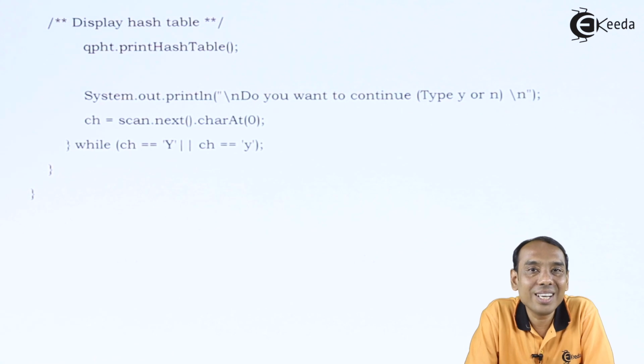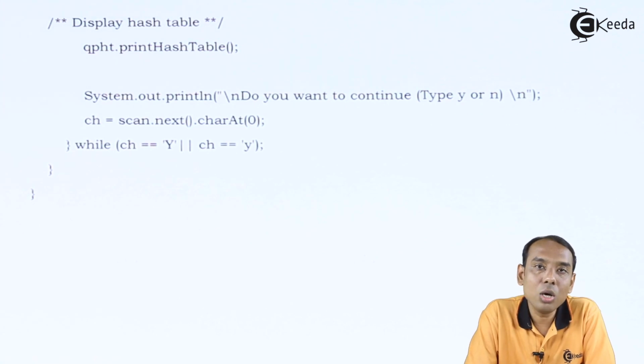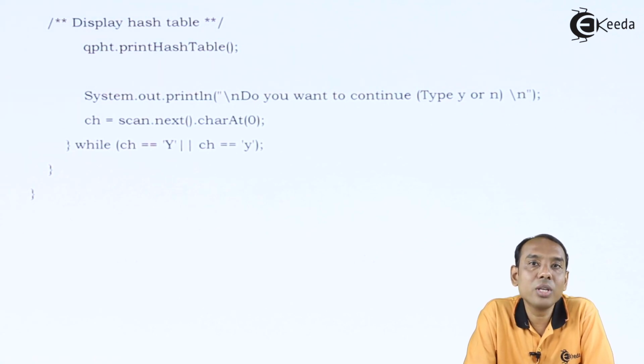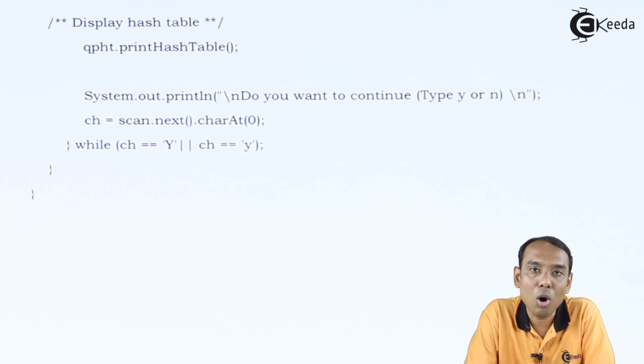So if the user enters Y, whether in small letter or in capital letter, we are once again going to give him the menu driven approach for doing the set of operations.